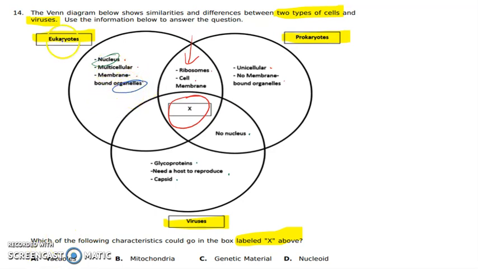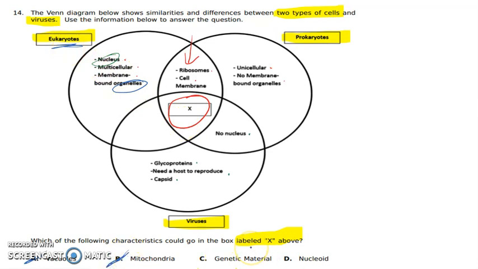And we know that organelles only belong with eukaryotes, so it can't be in all three. Mitochondria. This is the organelle that's responsible for cellular respiration. This is where we make ATP, and remember the mitochondria again are one of those organelles, so only eukaryotes have them, so it can't belong where X is.